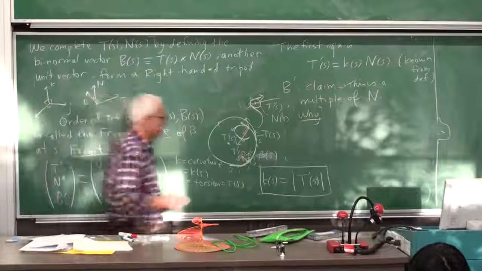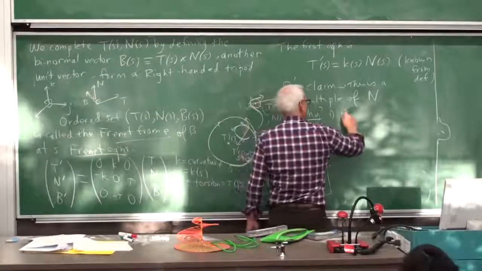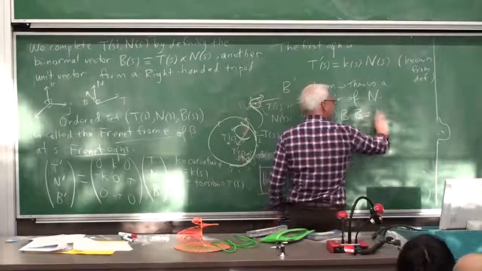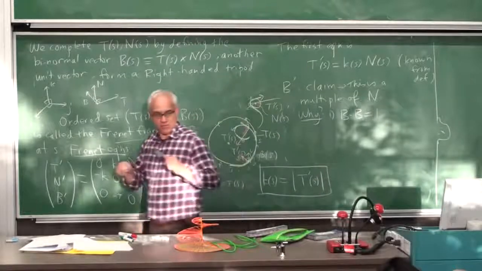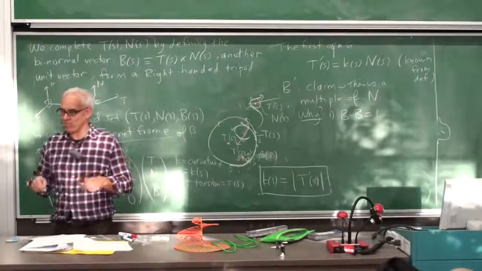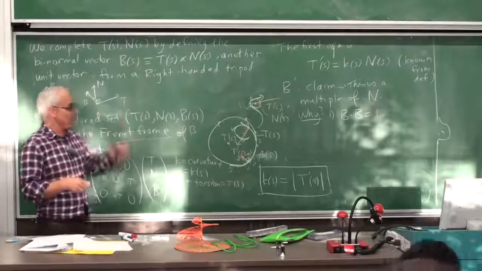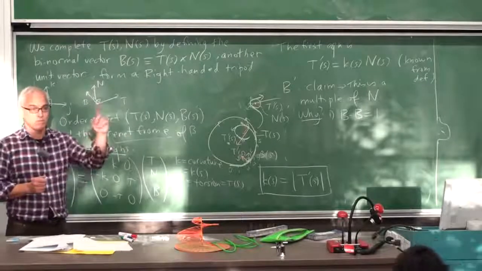So the first part of the argument is that we first of all observe that B dot B equals 1. I'm not going to write the S everywhere. So B of S dot B of S is 1. This is a unit vector everywhere.